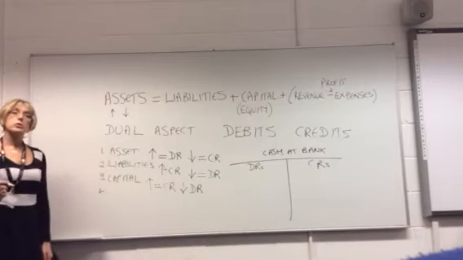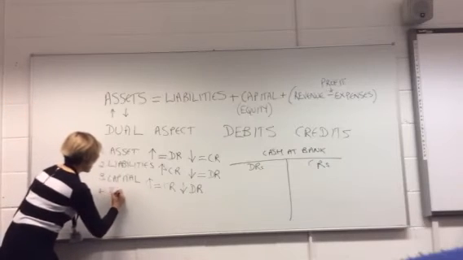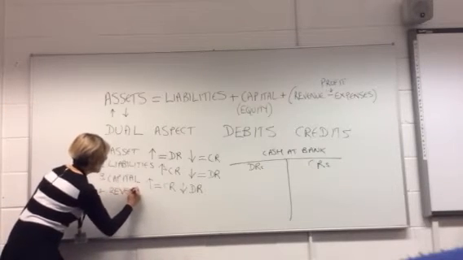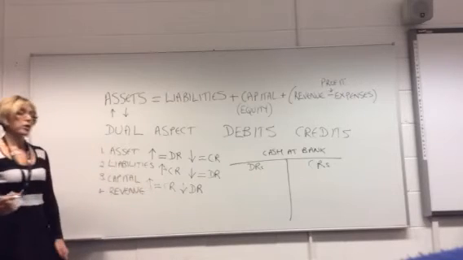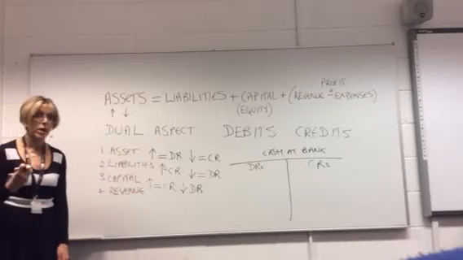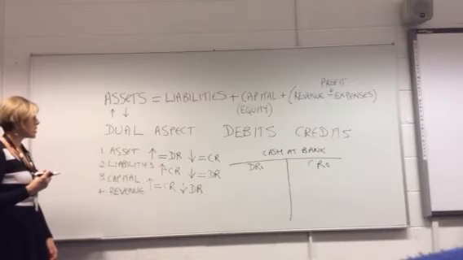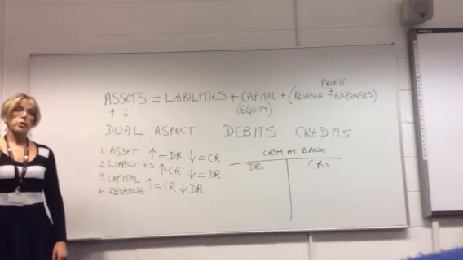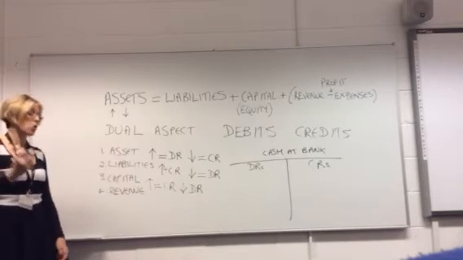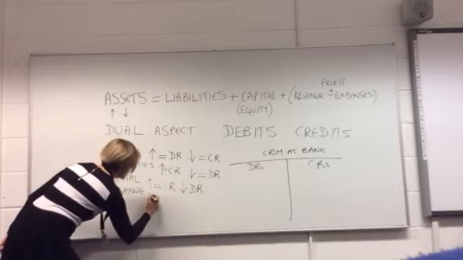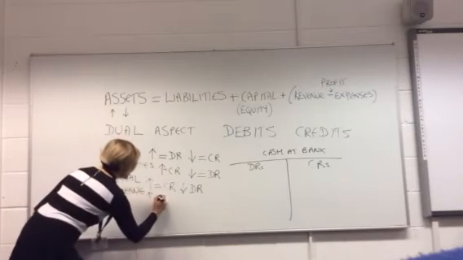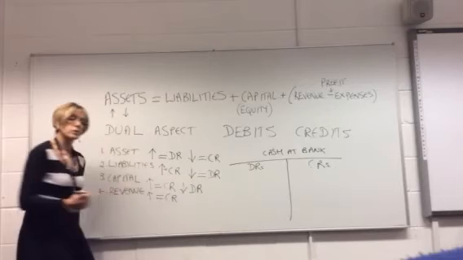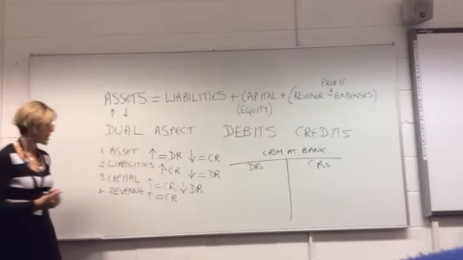So we've now just got to deal with our revenue and our expenses. Now, as far as revenue is concerned, sales revenue, income, if we have an increase in revenue because we've sold some goods, an increase is a credit to the sales revenue account.